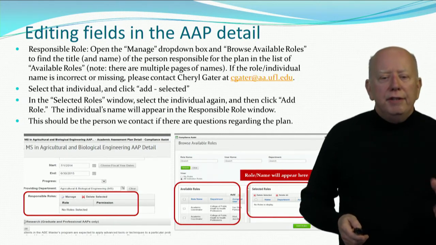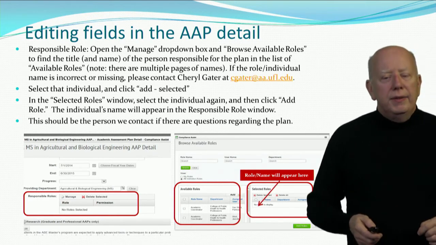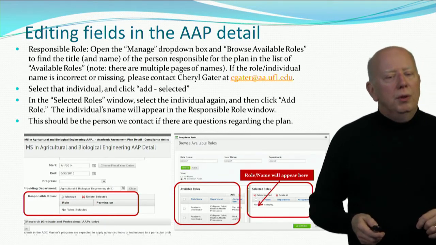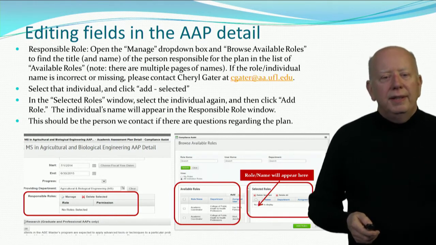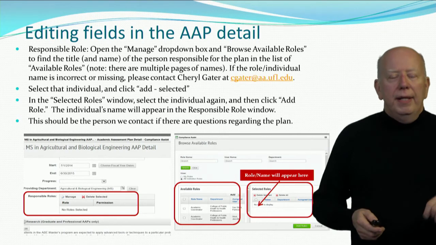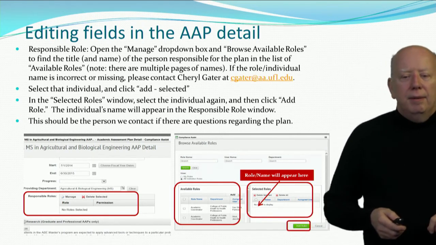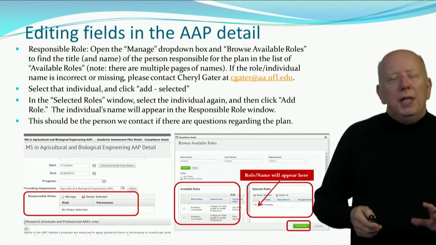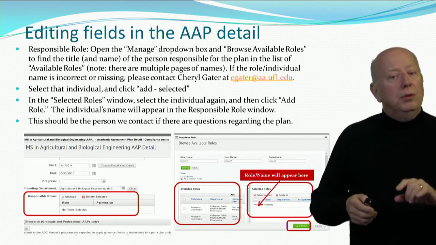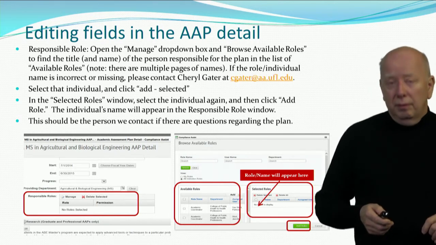Then you'll find them in the window on the right-hand side that just opened up, called Selected Roles. Select that individual again and click Add Role, and that's how you get somebody added to that role. Once you add the role, you should see that name pop up in the responsible role window.